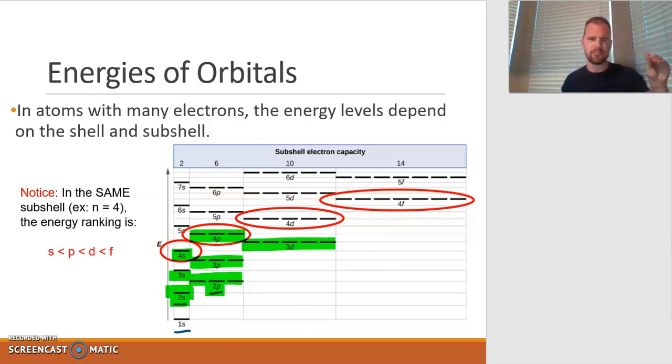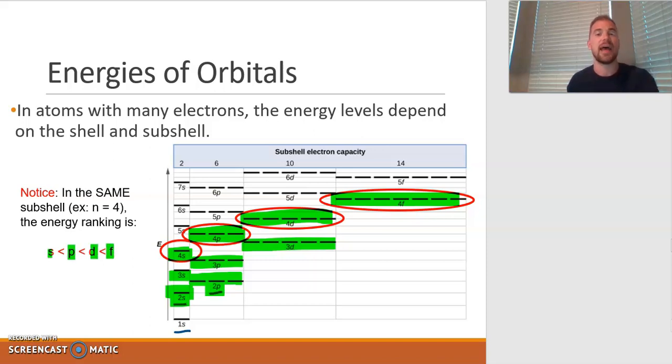So there's a little bit of variation in the energy of orbitals. We're going to talk about that when we go to fill in the electrons. One thing I want to point out from this is, do you notice the 4s, the 4p, the 4d, and the 4f? As long as you're in the same shell, in this case n equals 4, the increase in energy is ranked s is the lowest, then p, then d, and finally f.